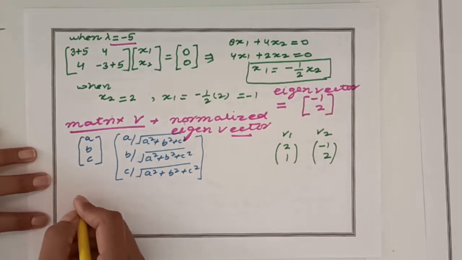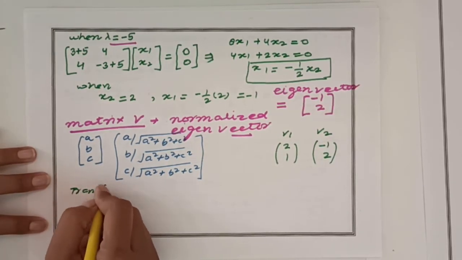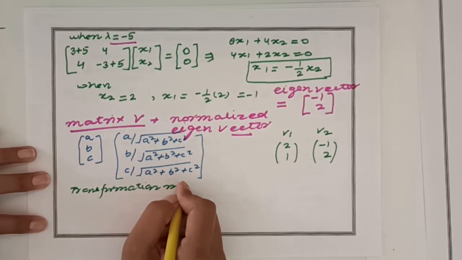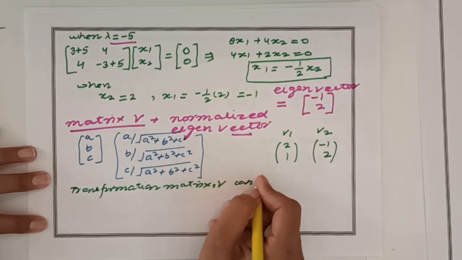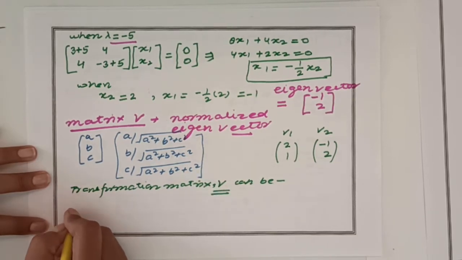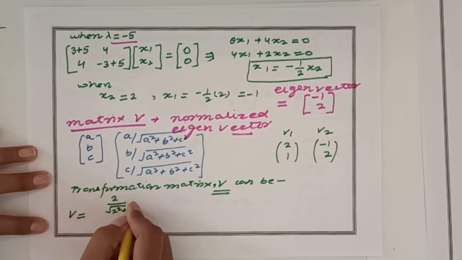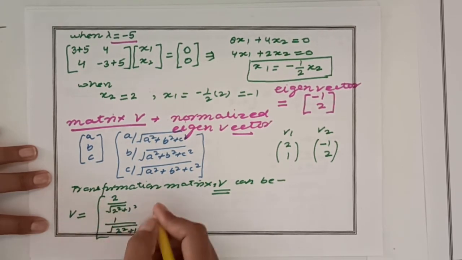So from here, the transformation matrix V can be, this is 2 upon under root 2 square plus 1 square, 1 upon under root 2 square plus 1 square.